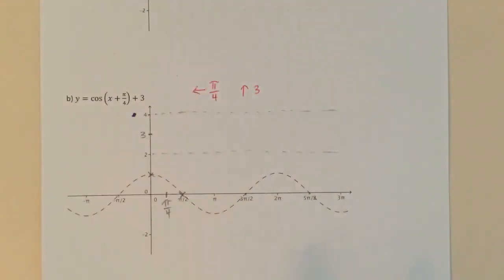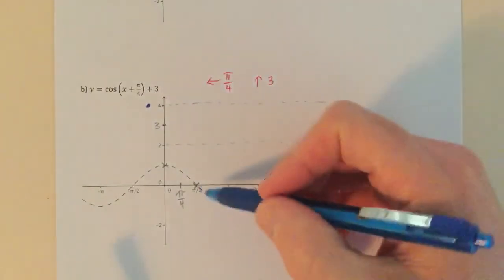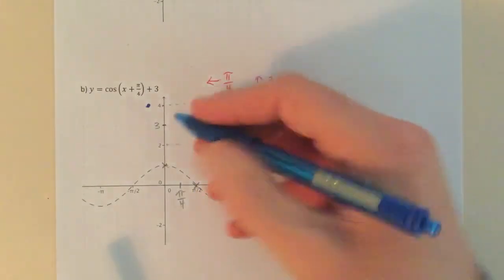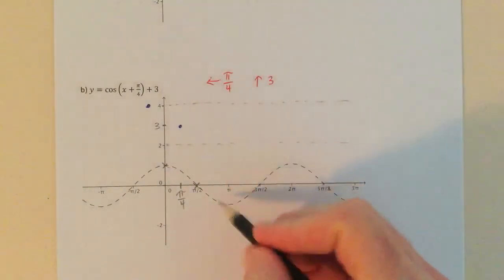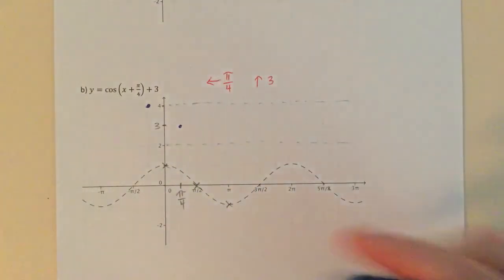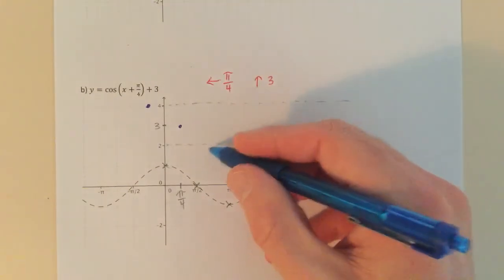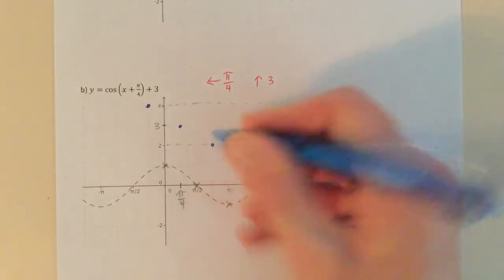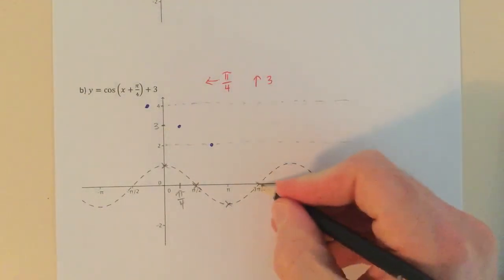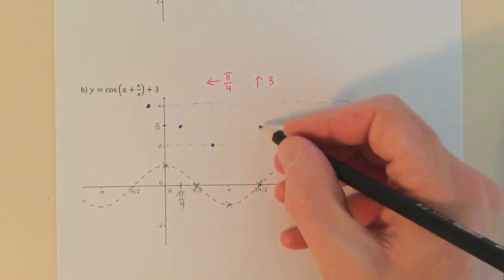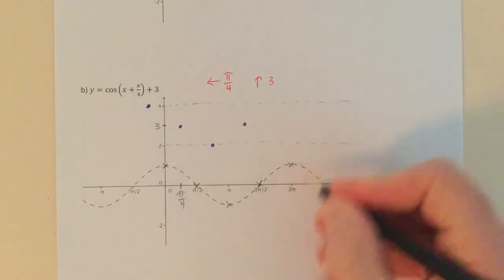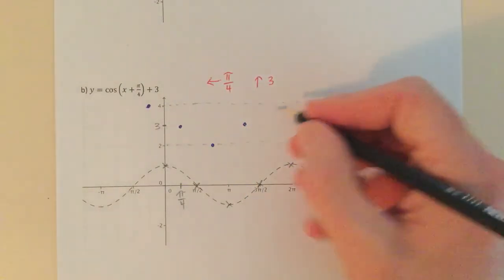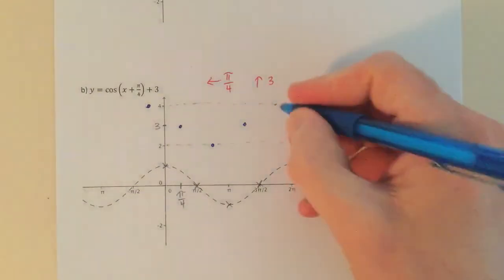Take this first x-intercept, move it up 3, pi on 4 to the left, and so on. This minimum, up 3, pi on 4 to the left, and the same for the remaining points.